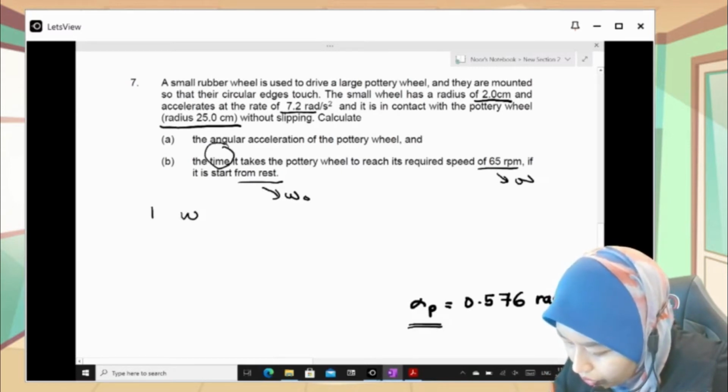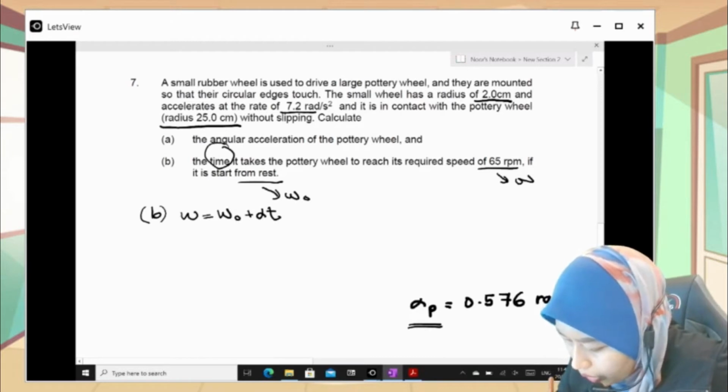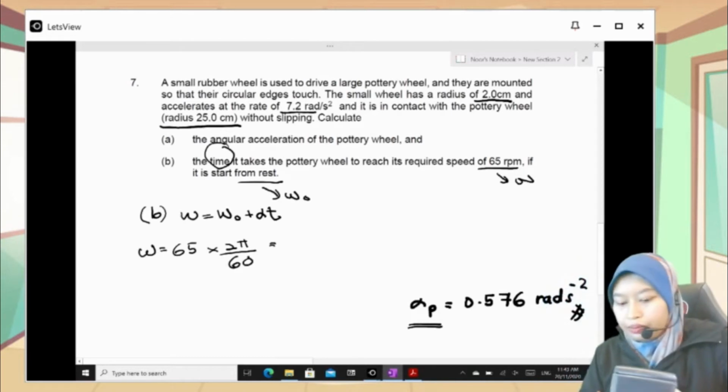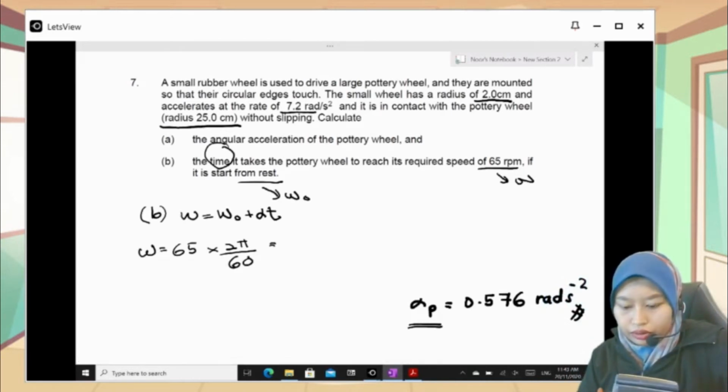So we can use omega equals omega naught plus alpha t. Omega is 65 RPM, change it with 2 pi over 60, so that the unit will become radian per second. So 65 times 2 pi over 60.